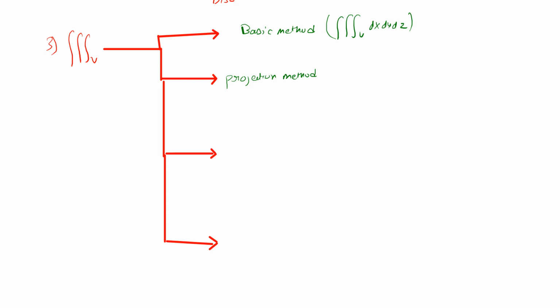So that's why we have to use the projection method, in which firstly we need to integrate with respect to z. It means the 3D object is like that. This is the z axis, this is the x axis, and this is the y axis. So we need to integrate along the z axis. If the object looks like that, the projection will be formed in the xy plane, then you have to integrate in dz.